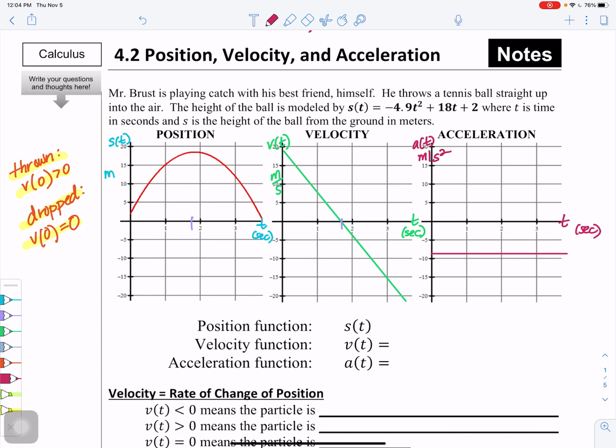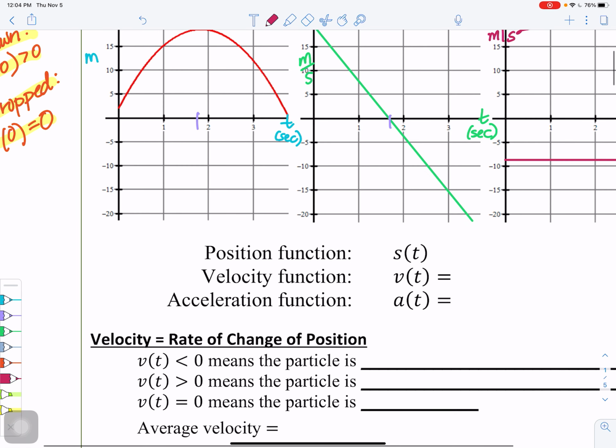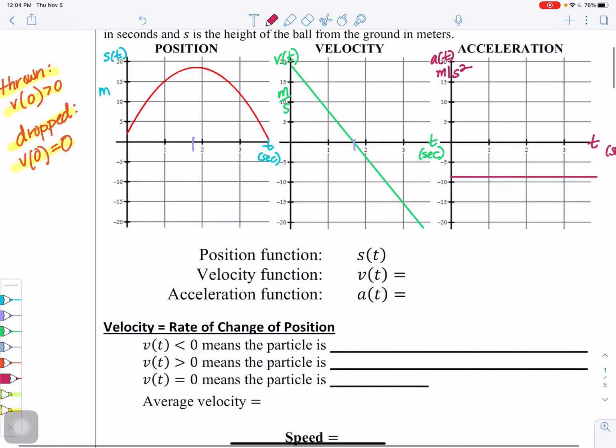So it should all make sense now to state that the position function, s of t, and I'm not sure why they didn't call it p of t, but anytime you see s of t, it is a position function. Velocity is just going to be the derivative of the position function, and acceleration is the derivative of velocity, and it's also the second derivative of position.